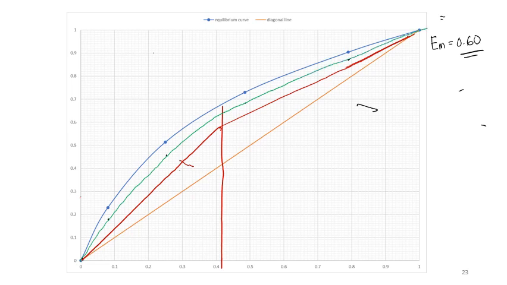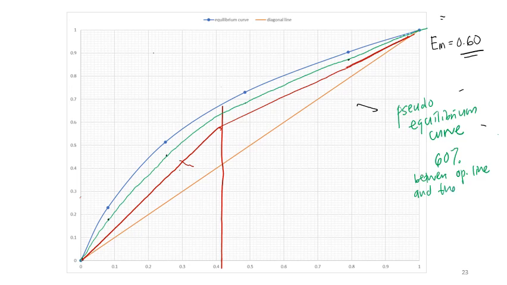Okay, so the green line here is the pseudo equilibrium curve, i.e. it's just 60% of the way between the operating line and the actual VLE curve.